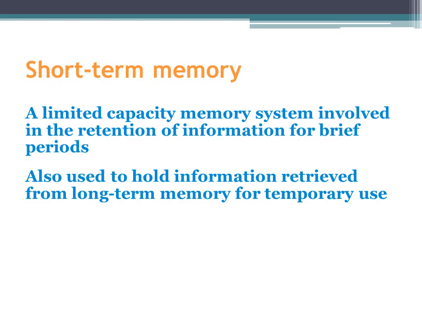So information that you're using temporarily, that you're using right now, is in short-term memory so you can work with it. So for example, let's say that you are figuring out how to solve a math problem. Your long-term memory contains knowledge of the steps that you need to go through in order to solve that problem.